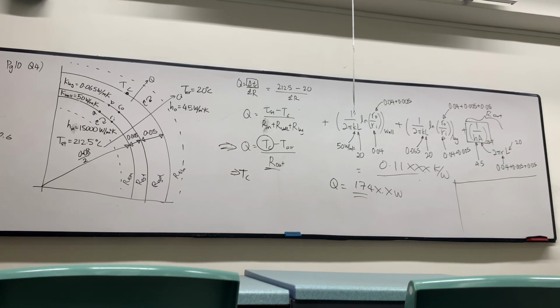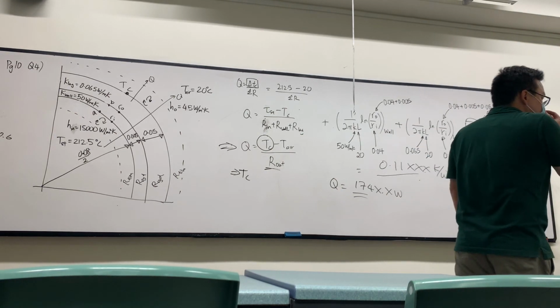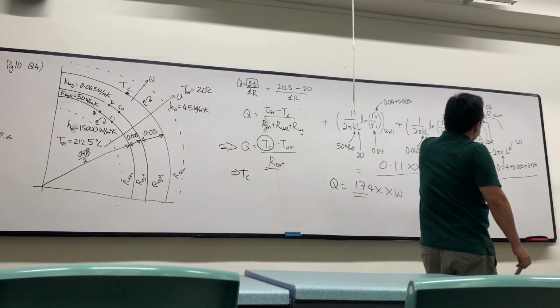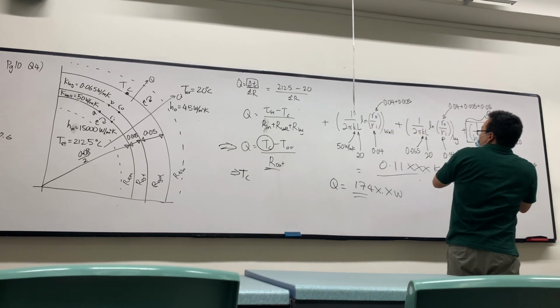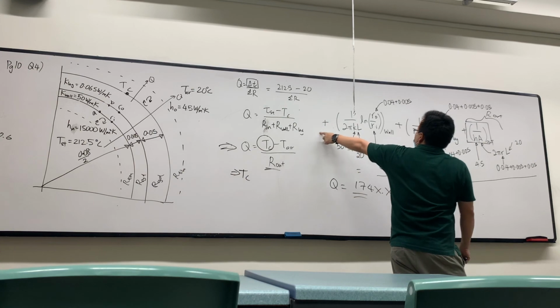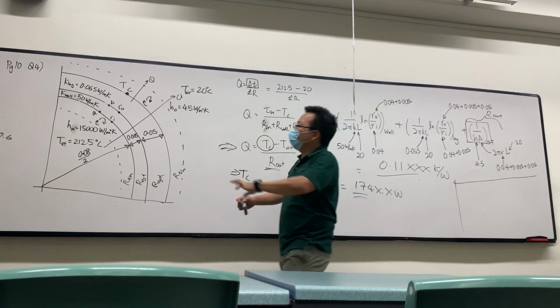So this one multiplied by this one. Remember, when you have the equation, you have the inside wall, the layers, and then your R outside.